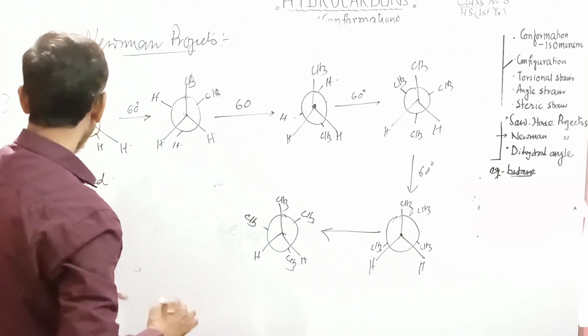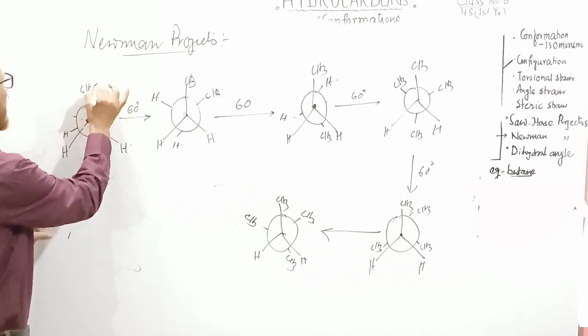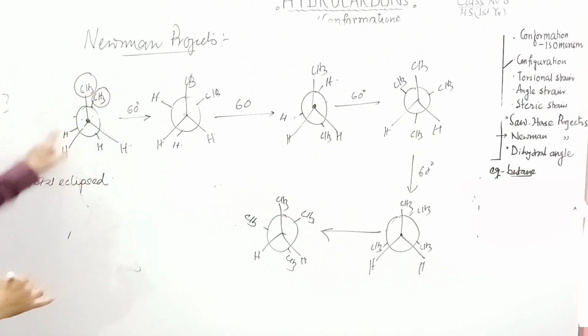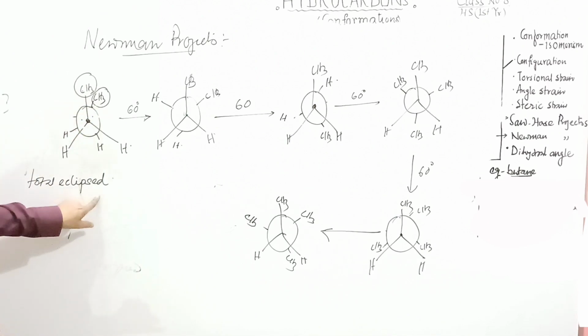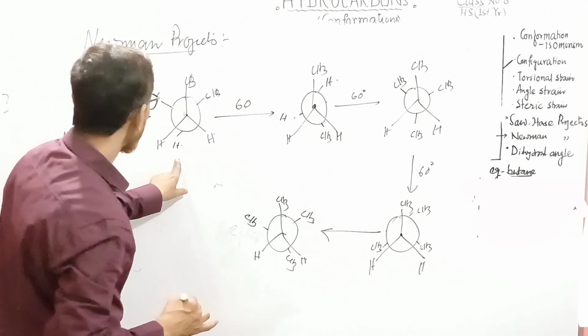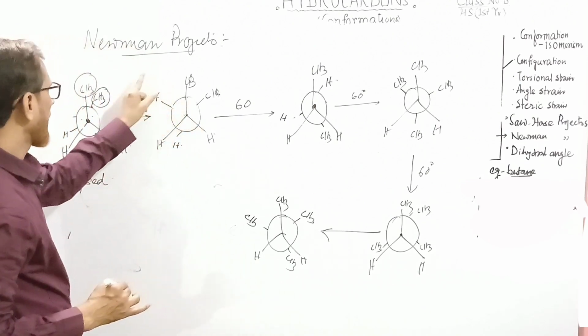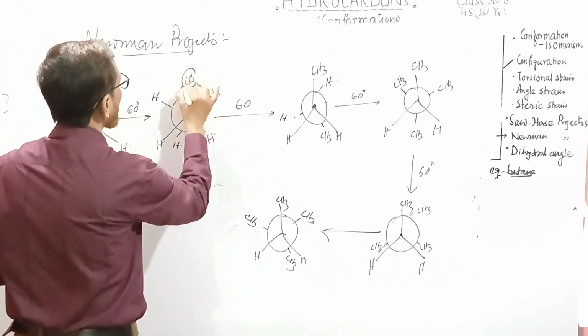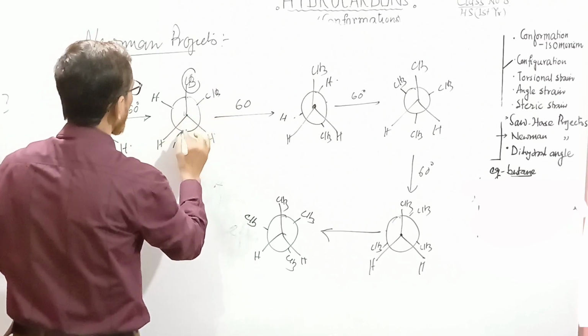So out of this configuration, you see, when this carbon 2 is side by side, it is totally eclipsed. Am I right? And hydrogen side by side. Now in this position, it is staggered form, but opposite to this one.